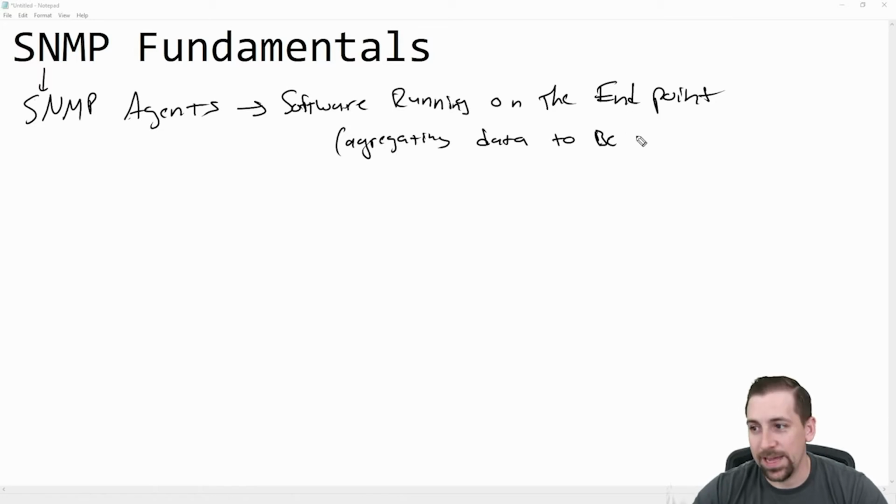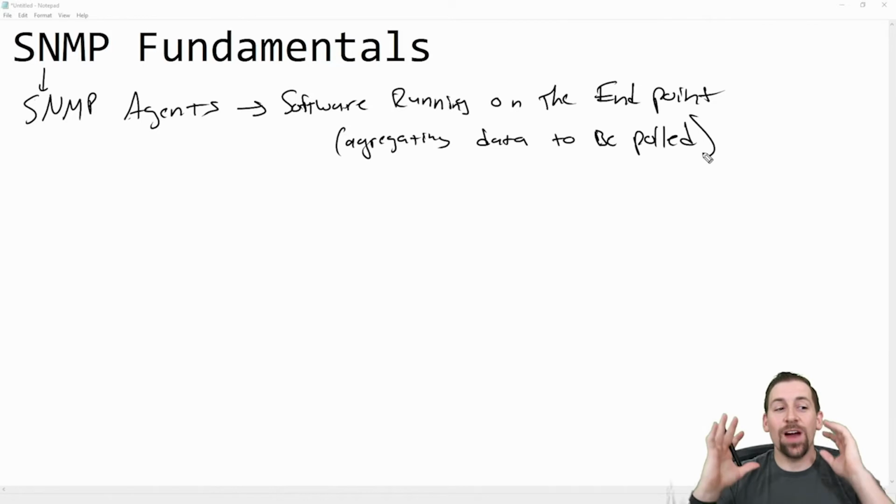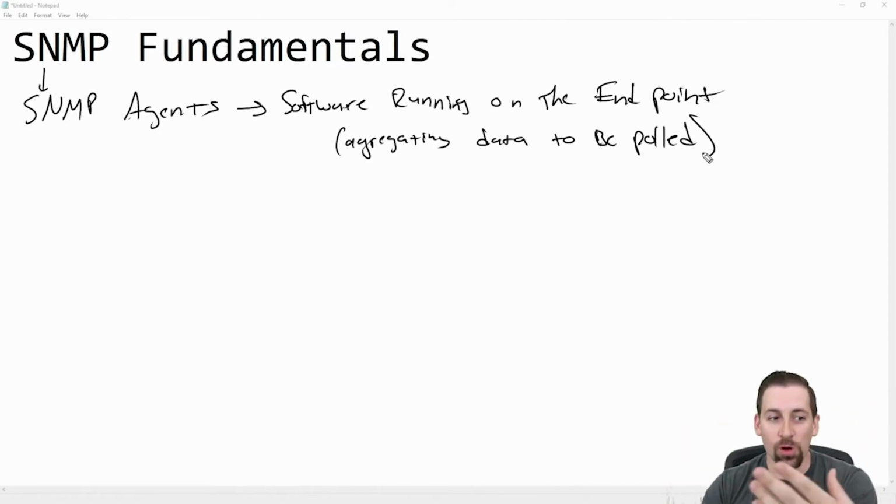It's called SNMP polling when you send out a GET request and say, hey, do you have information about uptime? That's a poll request. It's called SNMP polling, aggregating data to be polled.